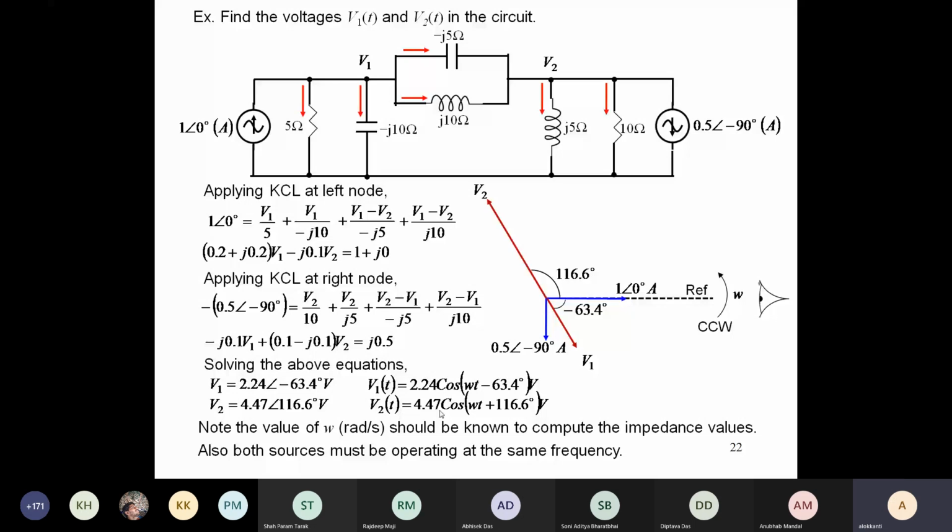Sir, in this phasor diagram, the line V1 will be longer than the line of 1 ampere current. I think that will happen if we follow the same scale, because voltage is one type of physical quantity and current is another physical quantity.